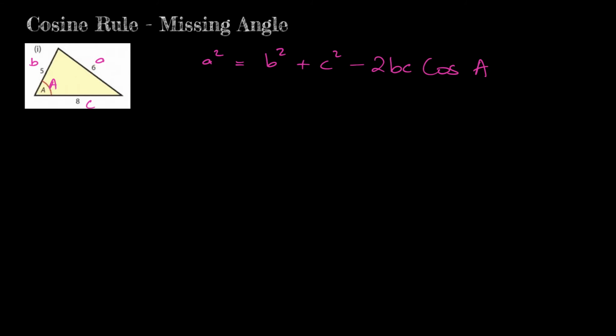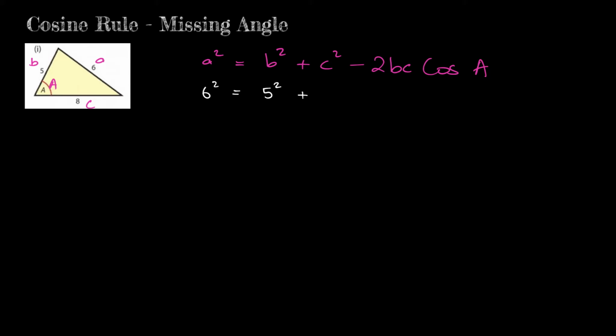Okay, so we can now fill in the formula. To fill in the formula, we just fill in what we have. We'll start off with a squared, which is 6 squared, equal to b squared, which in this case is 5 squared, plus c squared.